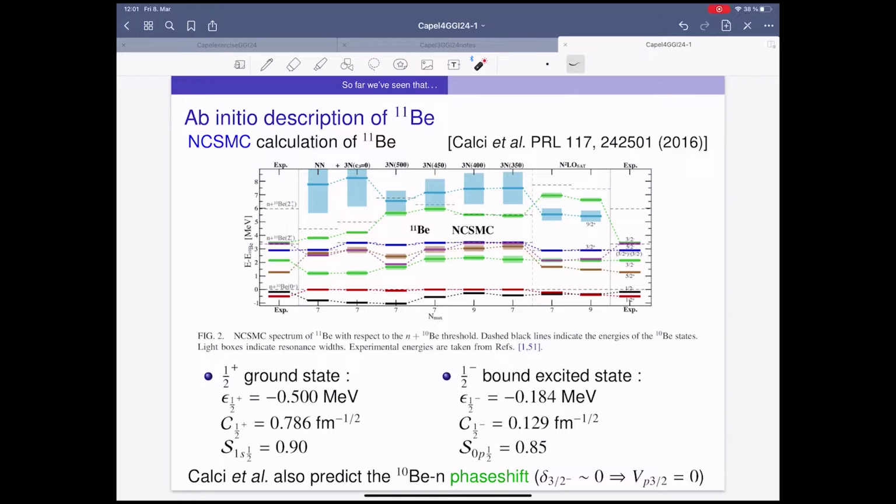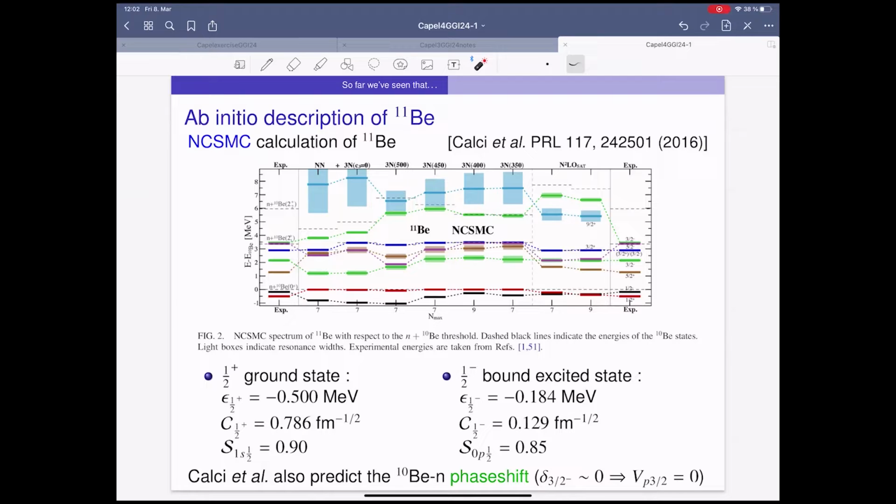And finally, when they increase the convergence parameter, the number of orbitals that they include in the calculation, the number of levels in the expansion, they finally get this shell inversion. Okay, so they can manage that. So they have a rather reliable prediction.